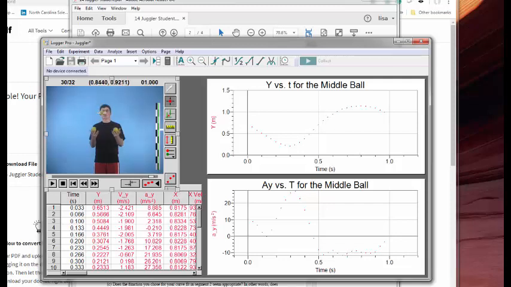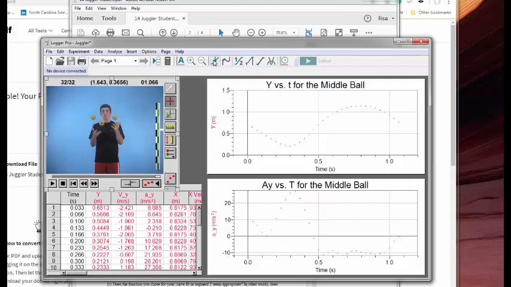And you'll notice that along the right hand side we have two graphs. We have the acceleration graph, and notice that the acceleration kind of hovers around negative 10, close to negative 9.8 in that area that I talked about where it's in free fall.